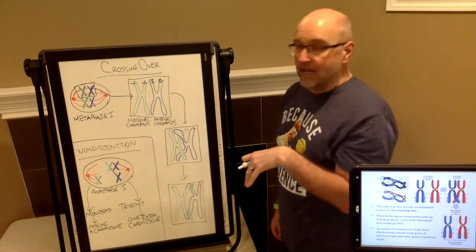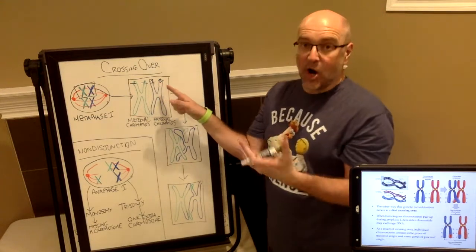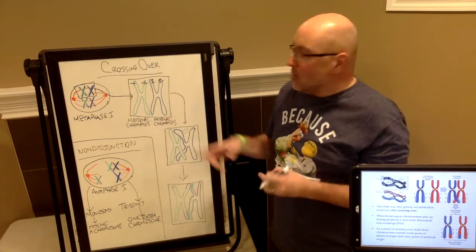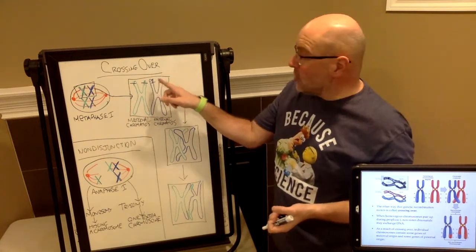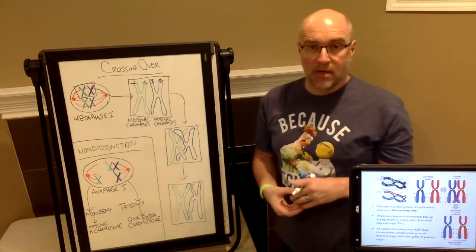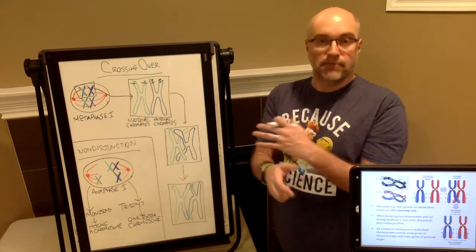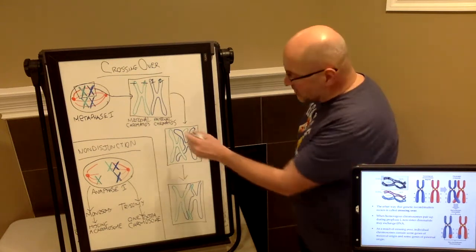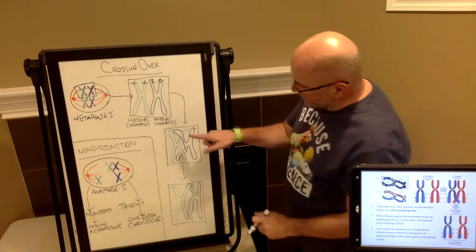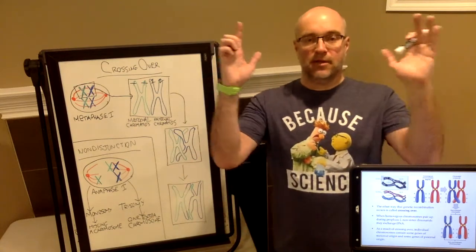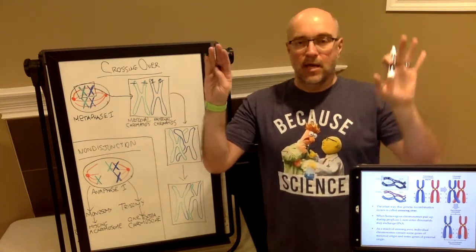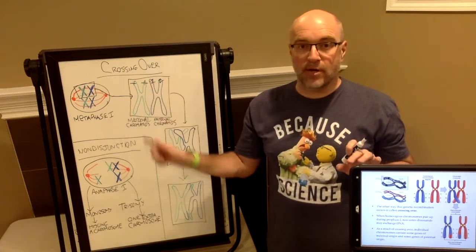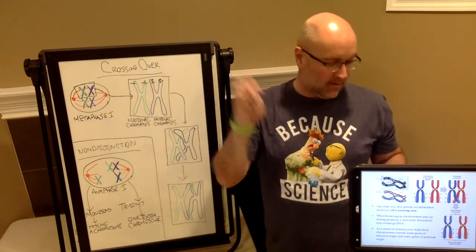What's going to happen is one of the Z arms, as I'm describing them here, one of these blue arms is going to interact with one of the green arms. And they are going to actually cross over, hence the name crossing over. And when they do that, and here is my little crossing over event, you can see, imagine here's this one and this one, okay? So here's my green X.